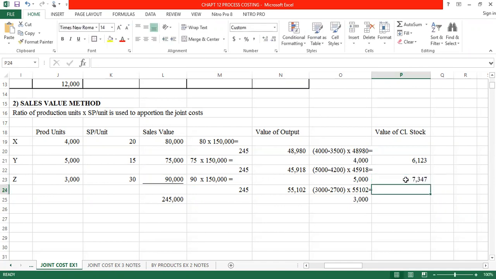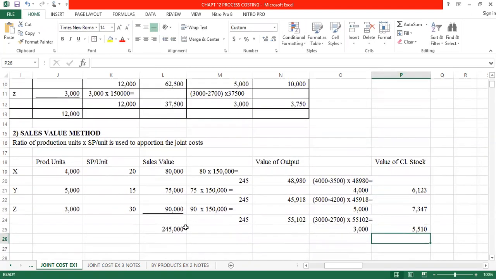And the last one equals 3,000 minus 2,700 divided by 3,000, everything times 55,102. You get your answer.